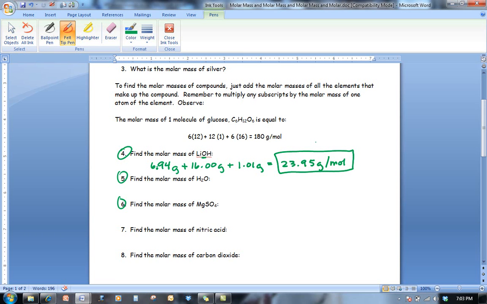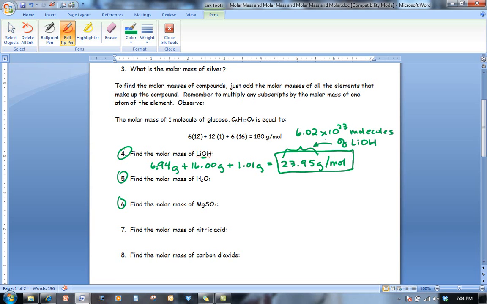We also know that since a mole of lithium hydroxide weighs this much, we know that 6.02 times 10 to the 23rd molecules of lithium hydroxide weighs that much. So we can glean a lot of information just by knowing the molar mass of something.